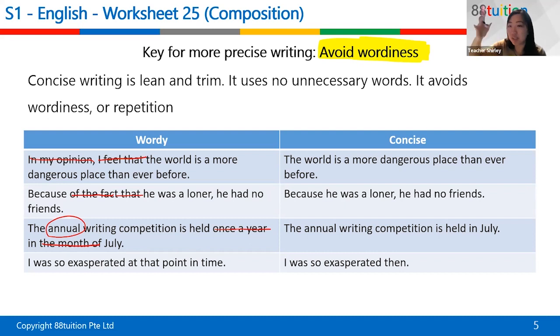Don't need "at that point in time". Especially when you're doing summary, you just want to cut as short as possible. But you have to be mindful that although you are cutting down the word count, you need to make sure the meaning still stays. So you can replace "at that point in time" with just "then": "I was so exasperated then."